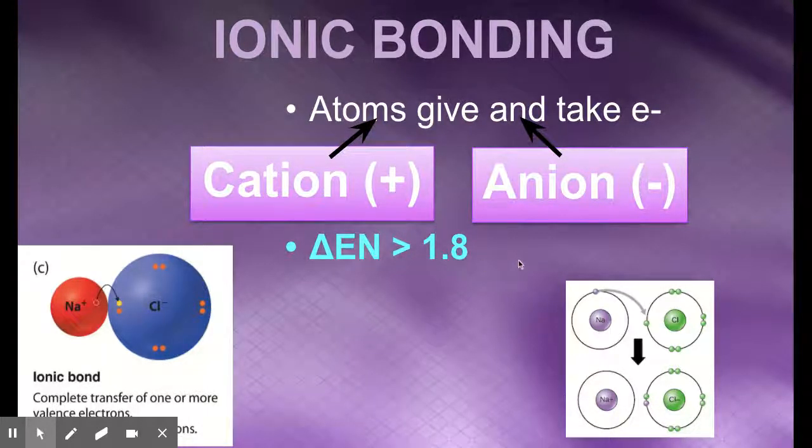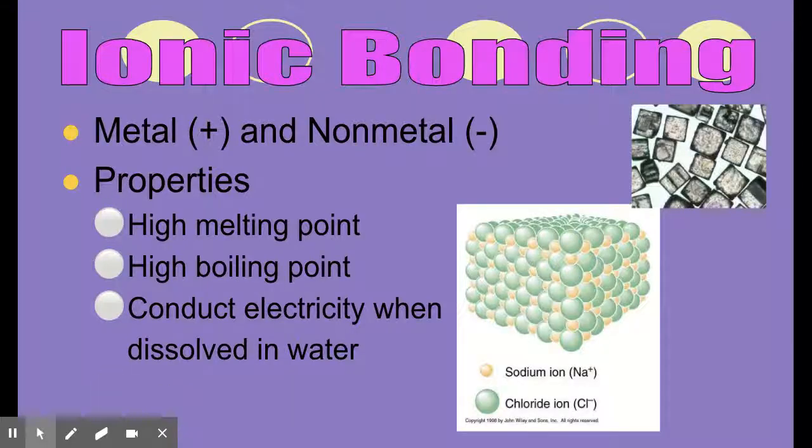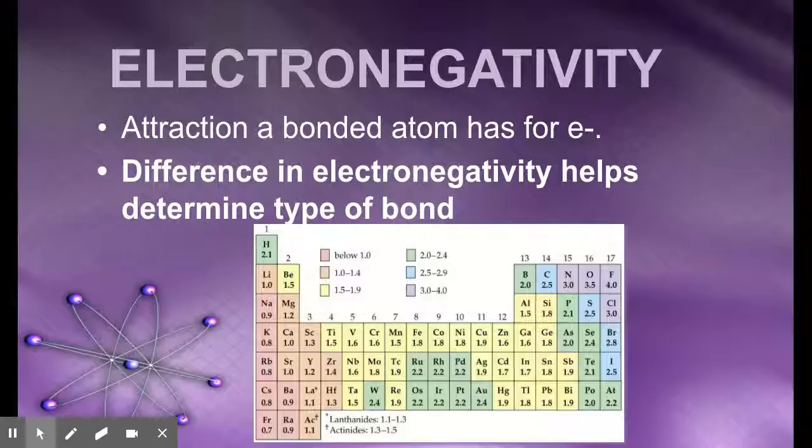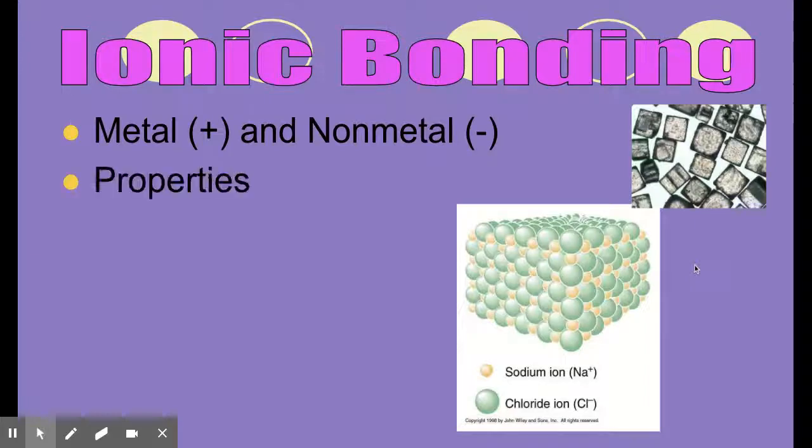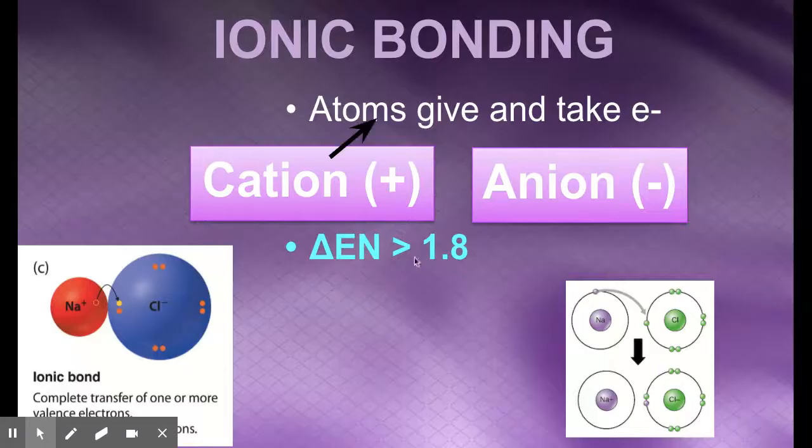If we go back to this periodic table, we had sodium and chlorine. Chlorine is here with a 3 for electronegativity. Sodium is 0.9, so the difference in electronegativity between these is 2.1. So that fits this.